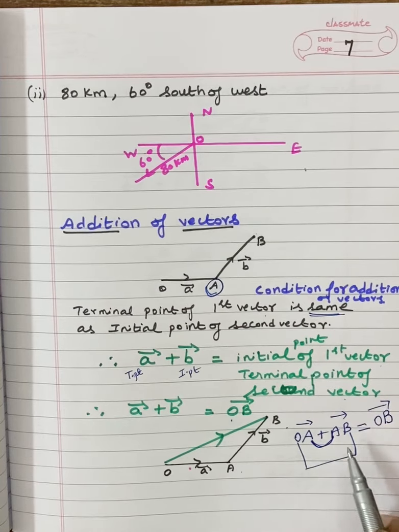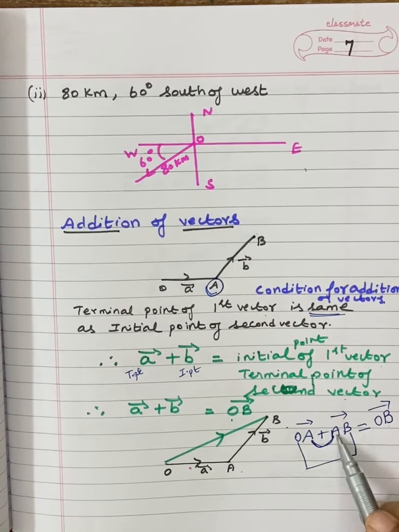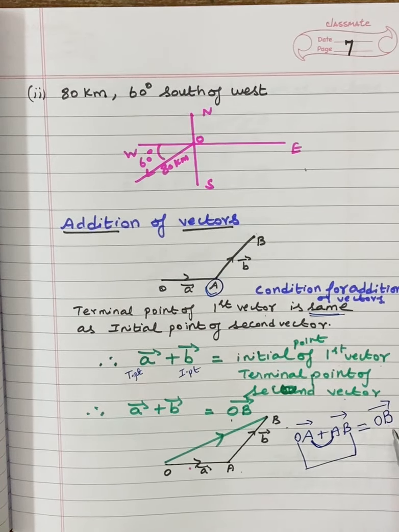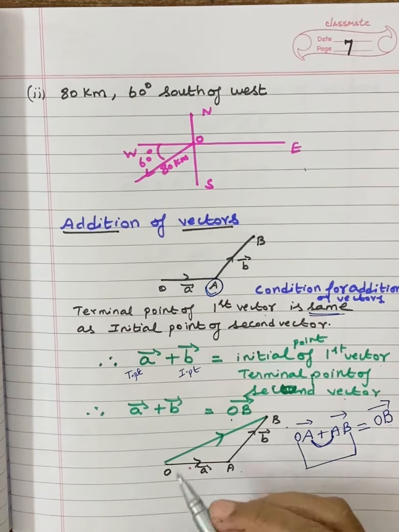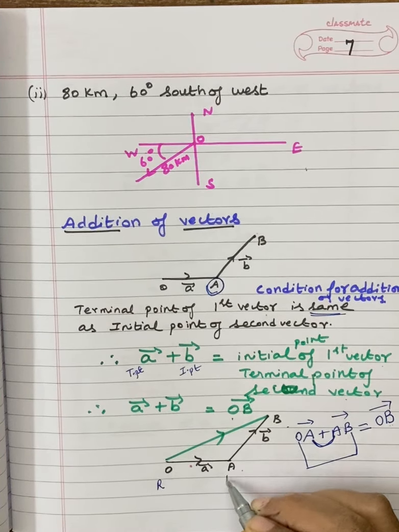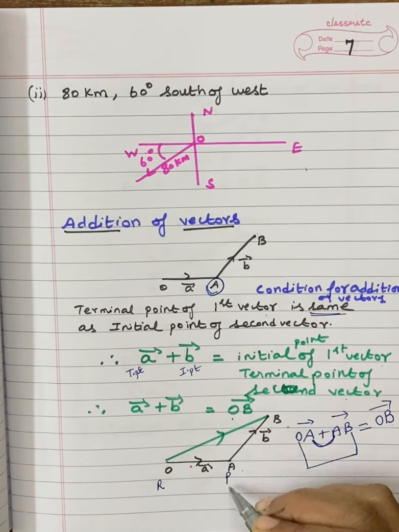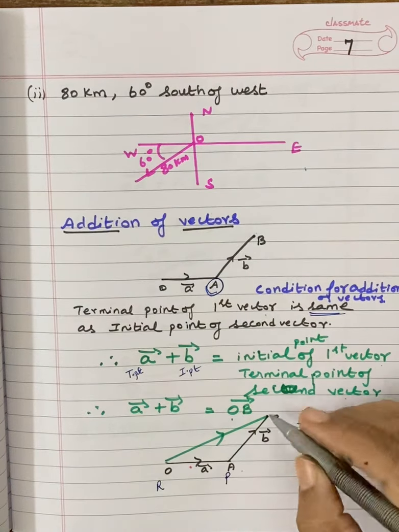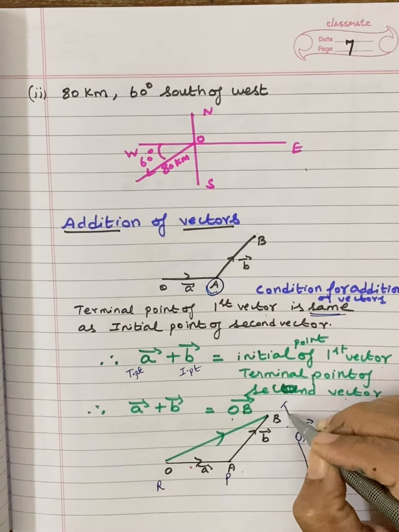Which two vectors have to be added, we must know. What will be the result, we must know. See, these two must be same, then only we can add. Answer is this. Simple example we'll take. From Rayapuram, I am going to Paris Corner. From Paris Corner, I am going to Tambaram.